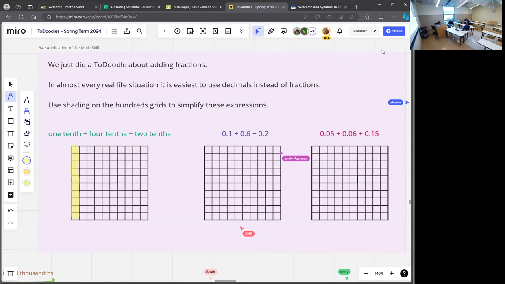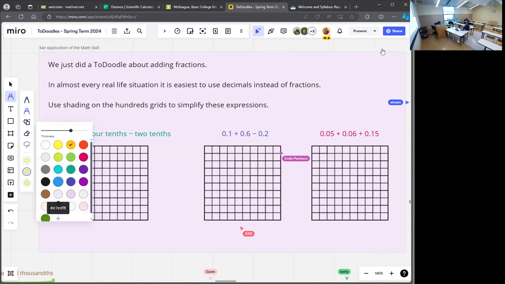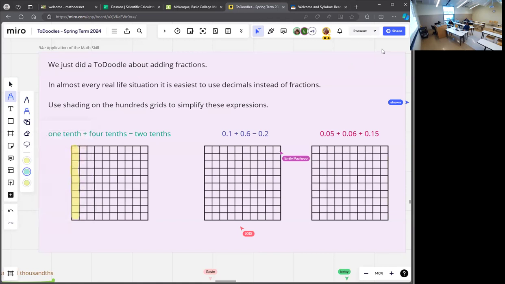If I have 1/10, I'm gonna shade 1/10. So there is 1/10, everyone okay with that? The up and down lines were 1/10 a couple of slides ago. And I want to add 4/10. So I'm gonna do 4 more tenths, 1, 2, 3, 4. Everyone with me for that? And then I'm gonna take away 2/10, 1, 2.